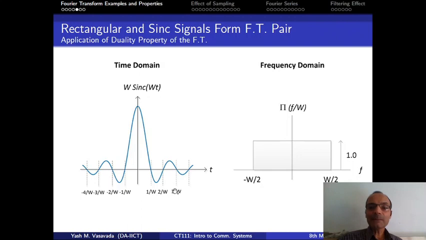Why is this important? It's because anytime a commercial communication system is designed, the designer always has to work with a given frequency spectrum allocation. You may have read about the wireless spectrum allocation in the newspaper.